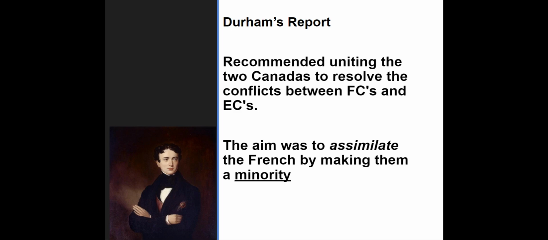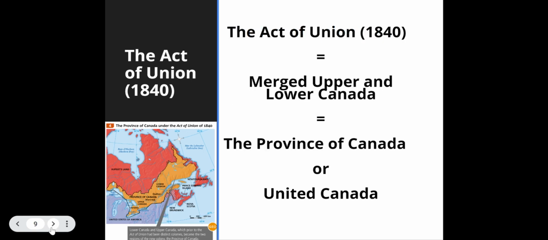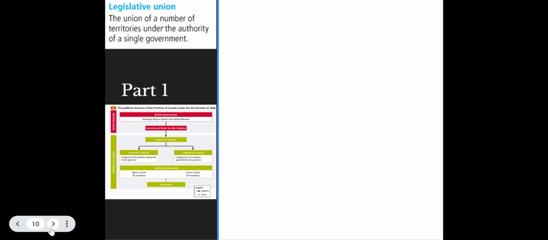The main aim, however, was to assimilate the French by making them a minority. There were also economic considerations, especially for Lower Canada, who was now taking on the debt of Upper Canada. There were other disadvantages for Lower Canada, which we will take note of. So your little summary there: 1840, creation of the Province of Canada, when Upper and Lower Canada merged and became one.